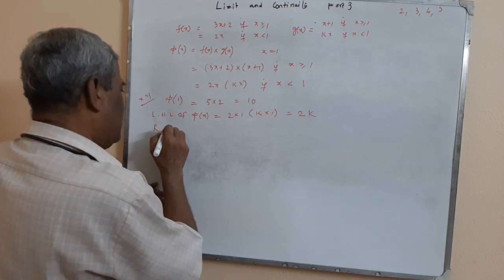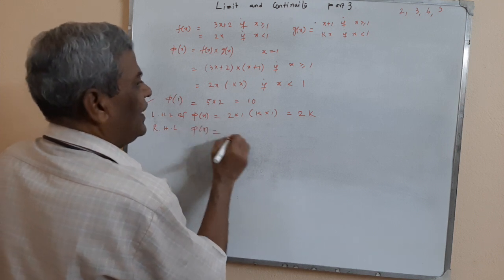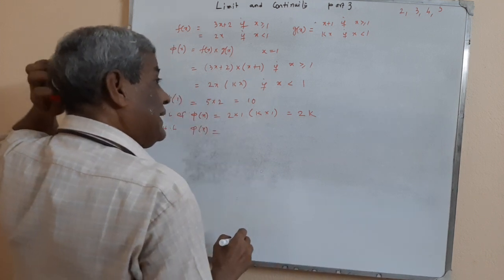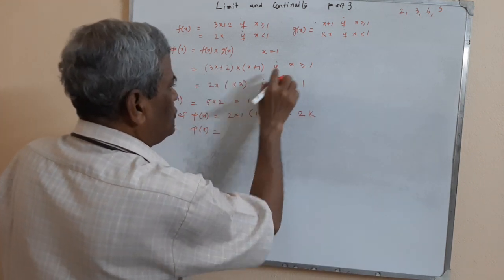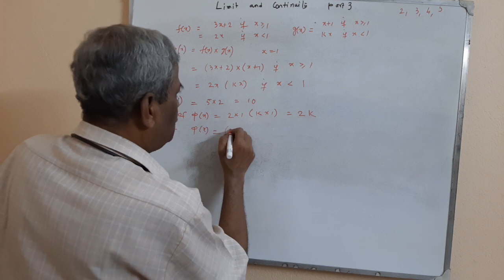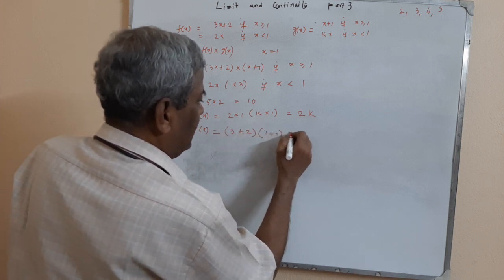Its right hand limit, meaning x greater than 1, can be obtained from this. So it is equal to 3 into 1 plus 2, into 1 plus 1, that is 10.